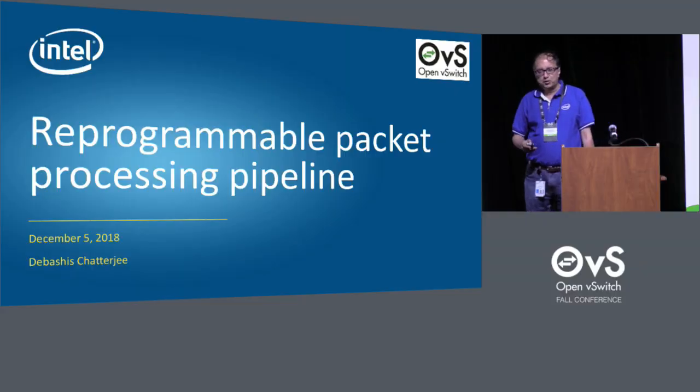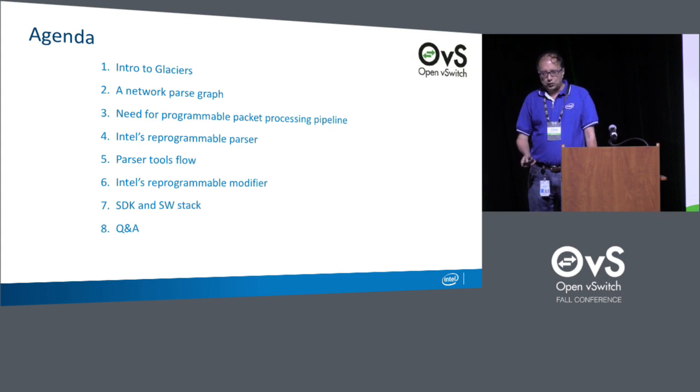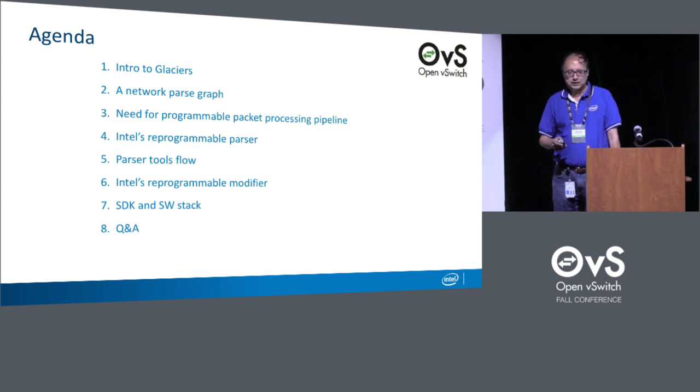So today I am going to talk about a reprogrammable packet processing engine. It ties in with some of the things that Dan touched on. A tentative agenda is to talk about this particular product that we are working on inside Intel called the Glaciers product family.